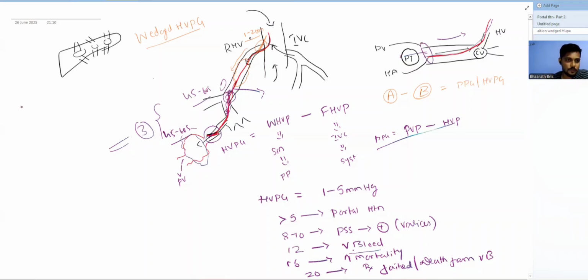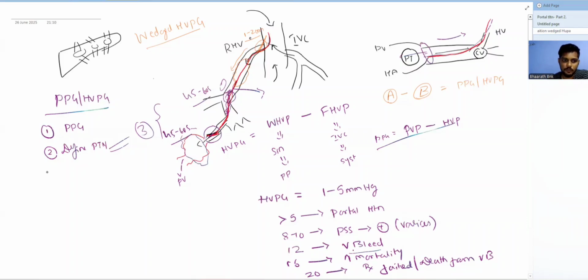So what did this help? Now, the portal pressure gradient or the hepatic venous pressure gradient helped us first to measure the portal pressure gradient, right? Second, because we could measure it, we are able to define portal hypertension.